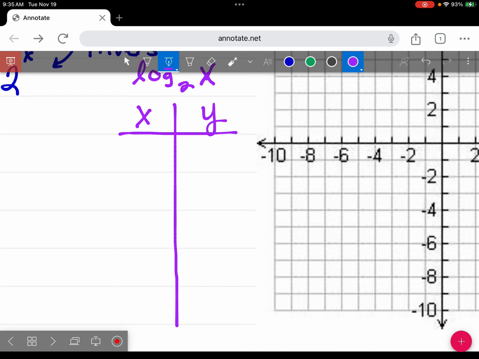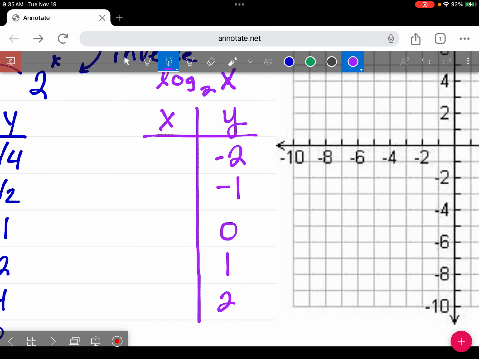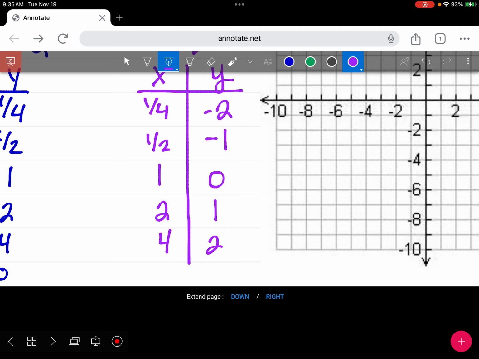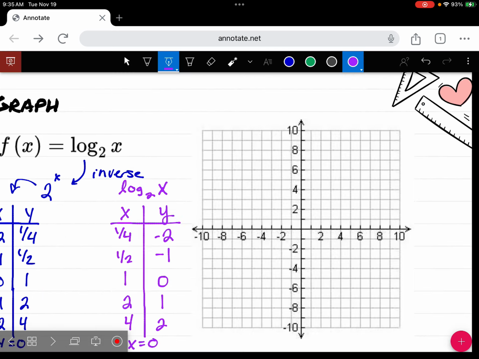So my y's are going to be -2, -1, 0, 1, and 2. My x's are going to be 1/4, 1/2, 1, 2, and 4. And instead of having my asymptote be y equals 0, it's x equals 0. So my asymptote is switching from being a horizontal asymptote to being a vertical asymptote.